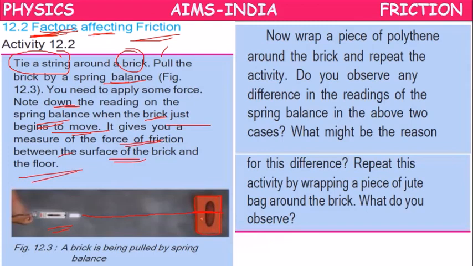Because the brick is on the floor, the surface of the brick and the surface of the floor are in contact with each other. When you are dragging with the spring balance, the brick will move only when the force applied by you is more than the frictional force between the surfaces.